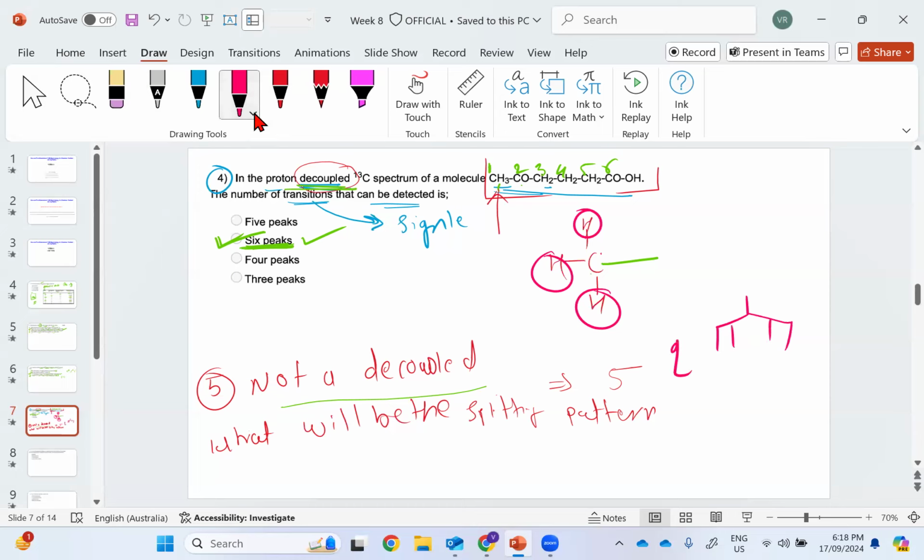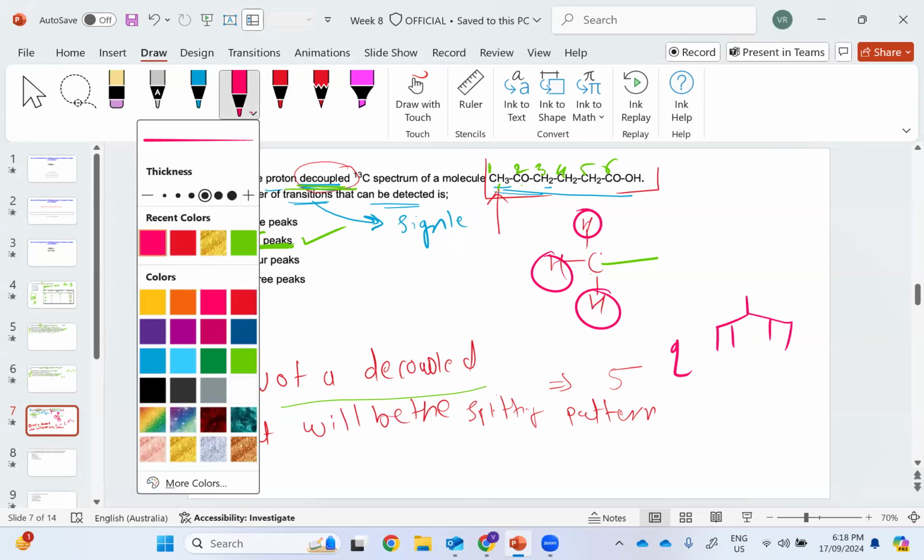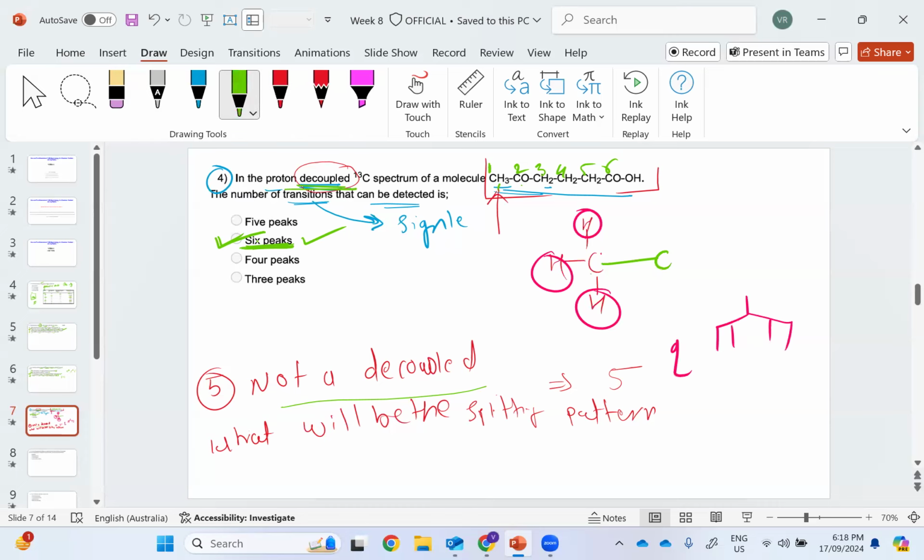But if you look at this one, this coupling is 1J coupling, right? Because it is directly attached. So it is also possible that this carbon can show 3J coupling as well, or 2J coupling. But if you compare this 2J coupling with this carbon, the natural abundance is only 1%, right?